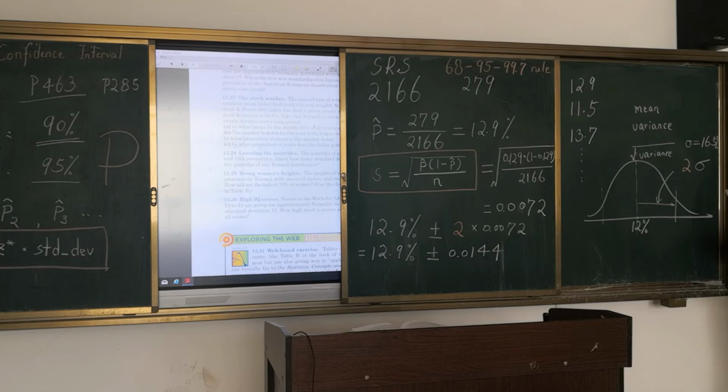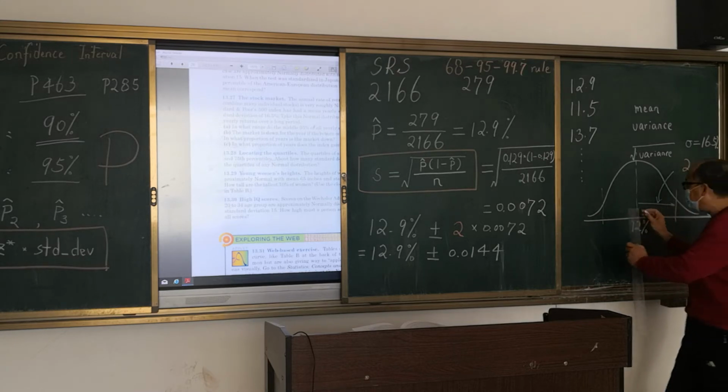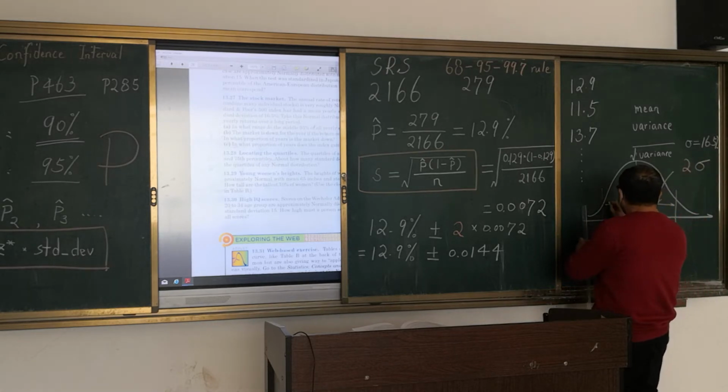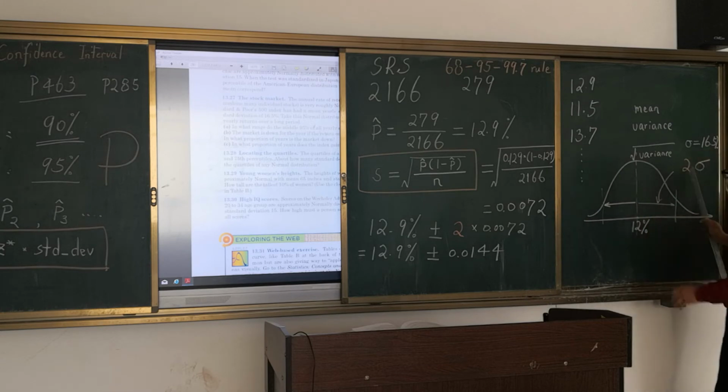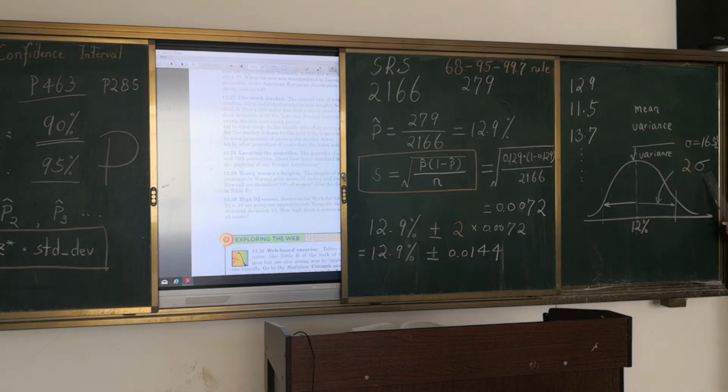Okay? So they want to know the range in 95% confidence interval. In 95% confidence. One sigma is 16.5%. For 95%, needs 2 times the sigma.